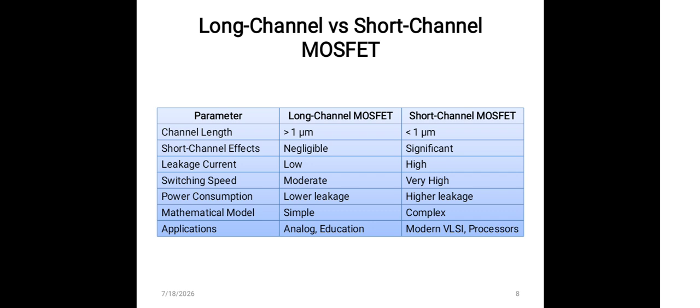Now let us compare long channel versus short channel MOSFET. Here the major differences are: first, with respect to channel length, in long channel it is greater than 1 micrometer, in short channel it is less than 1 micrometer. Leakage current: long channel has very low leakage, short channel devices have high leakage current. Switching speed: long channel devices are slower, short channel devices switch much faster.